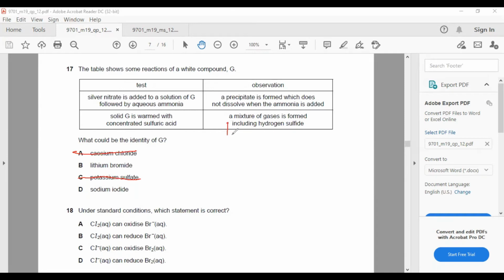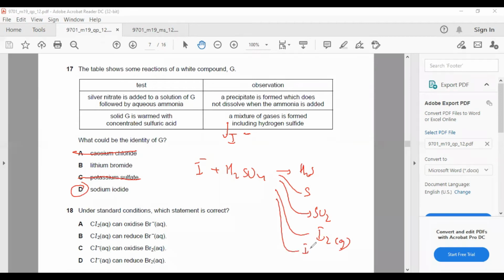This is only with the iodide. Iodide reacts with sulfuric acid to form H2S, sulfur, sulfur dioxide, iodine vapors, and solid iodine also. A very vigorous reaction we have done in inorganic.